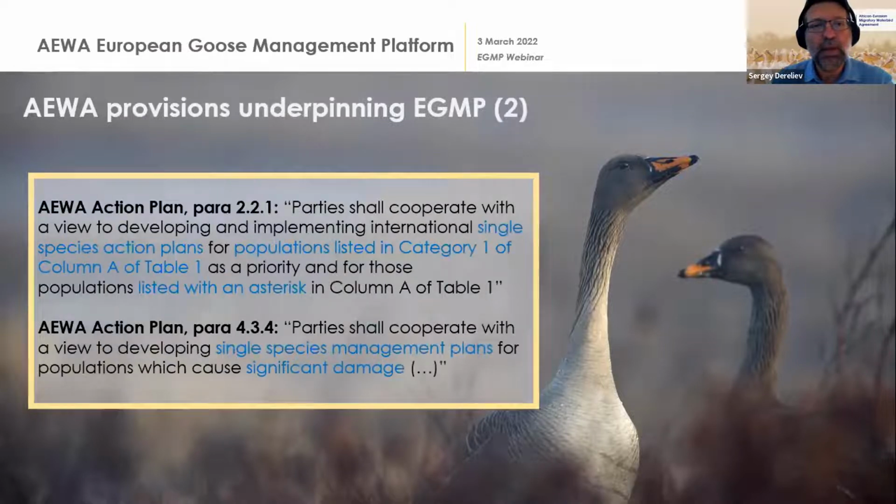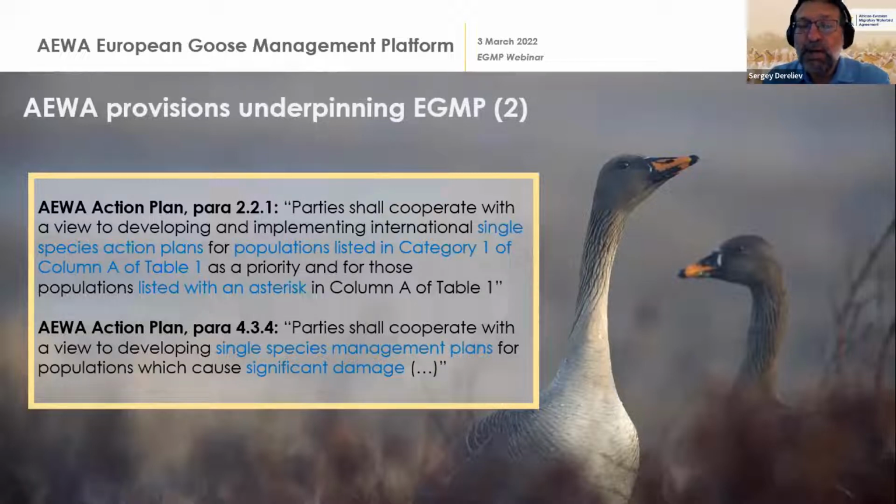Further provisions are those in the action plan of the agreement, which is Annex 3. And the first one is paragraph 2.2.1, which establishes the need for the parties to cooperate on the development and implementation of single species action plans, which are recovery plans, for populations listed in category 1 of column A of table 1, as well as of those listed with an asterisk in column A of table 1.